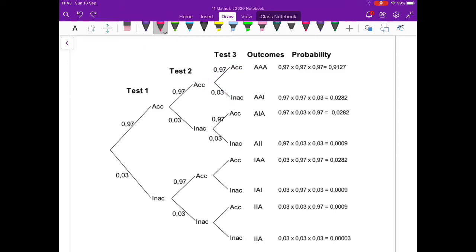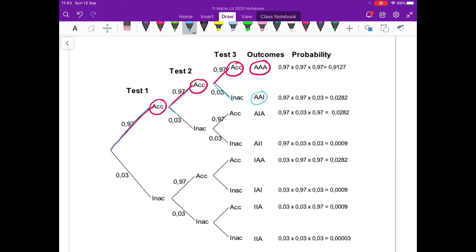So in this case, we're going to go accurate, accurate, accurate, which gives me that. The next one, I go accurate, again accurate, and then inaccurate. So that is how I got the second one.